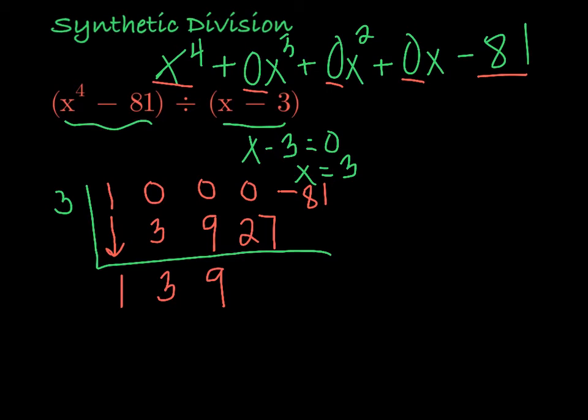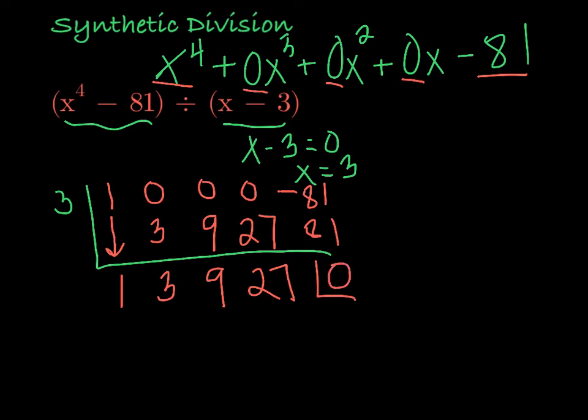Then we add 0 and 27 to get 27. And then lastly, multiply 3 times 27, which is positive 81. We add those, and in this case we have a remainder of 0.